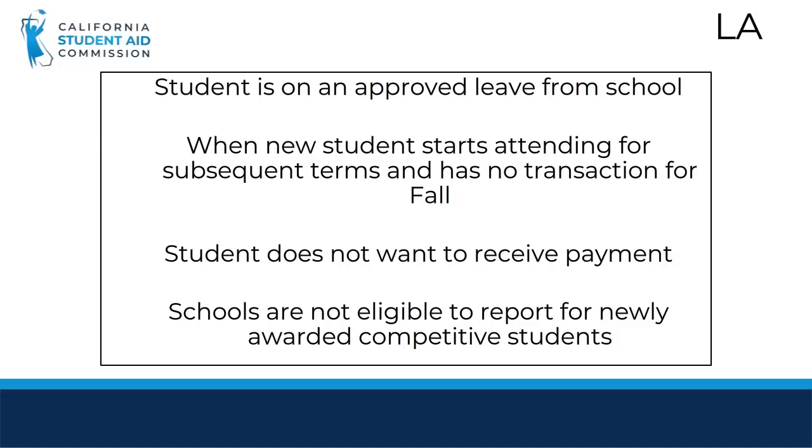NA moves the student into the ineligible section of your roster. The student also receives notification stating that the school reported that the student is not in attendance and the student needs to update their school of attendance if attending.